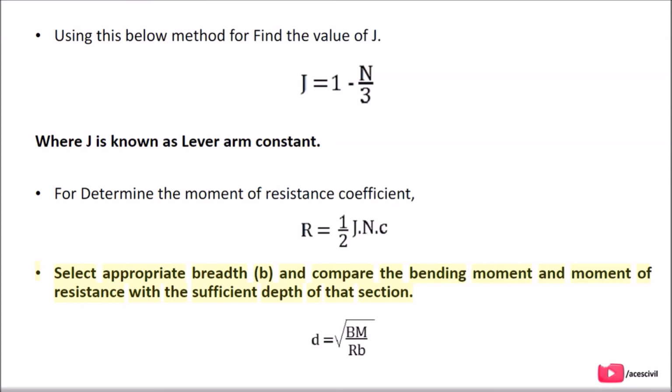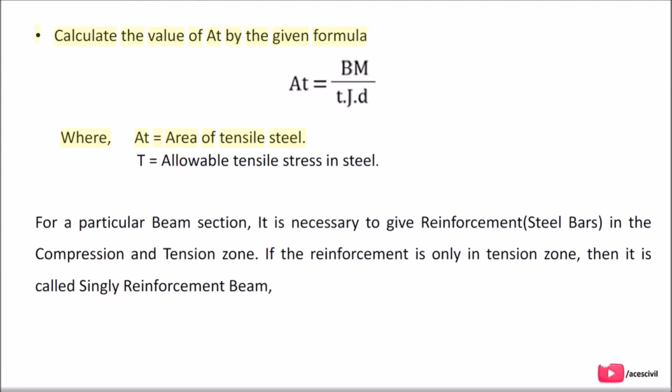Select appropriate breadth, b, and compare the bending moment and moment of resistance with the sufficient depth of that section. Calculate the value of At by the given formula, where At equals area of tensile steel and t equals allowable tensile stress in steel.